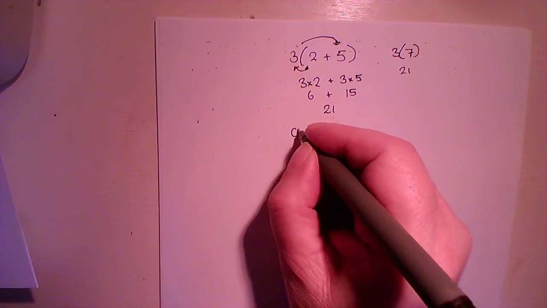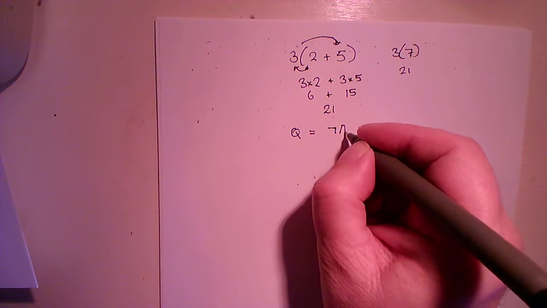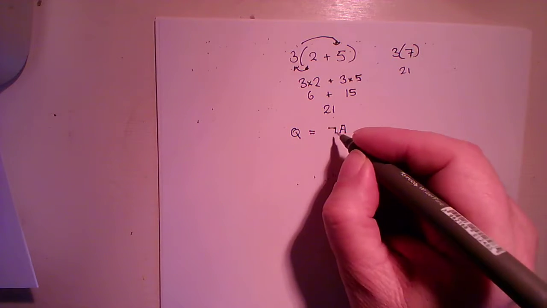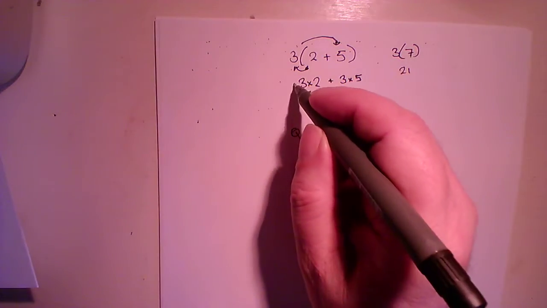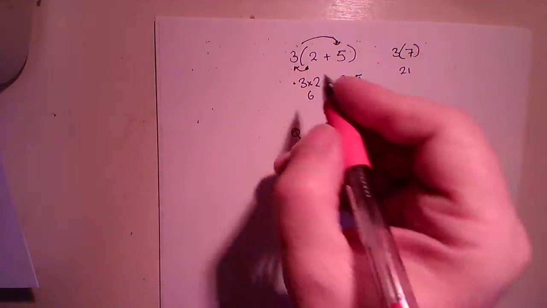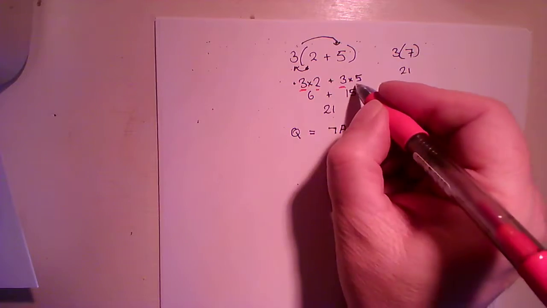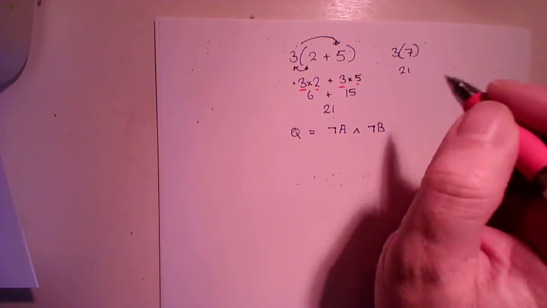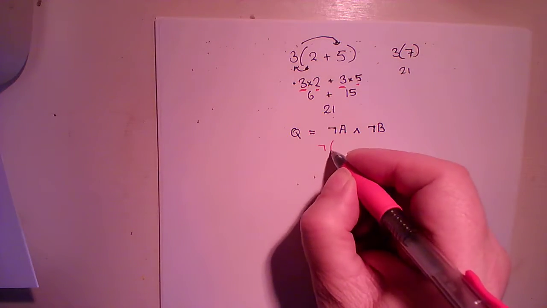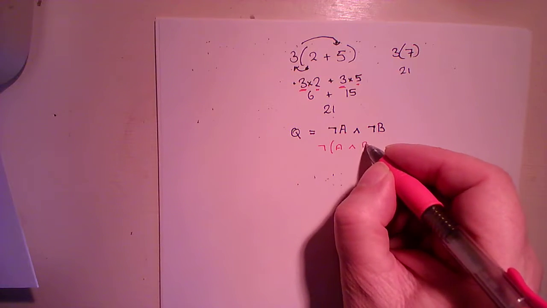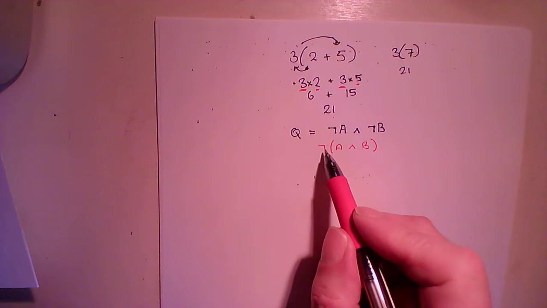Now we had in our Boolean algebra this sort of thing: Q equals, and I'm going to do the AND version, I'll do the OR version as well, not A and not B. It really looks a lot like this one here, where I've got the NOT symbol and then my variables A and B. You might be led to believe that you could just do "not (A and B)" by removing the not from each one and factorizing it and putting it on the outside.